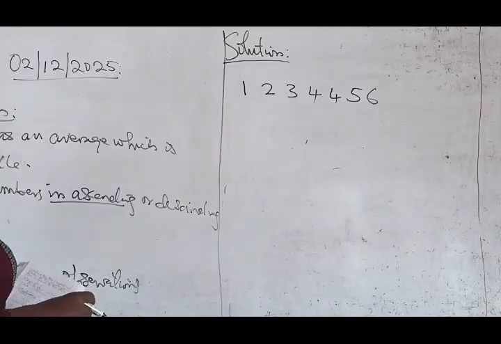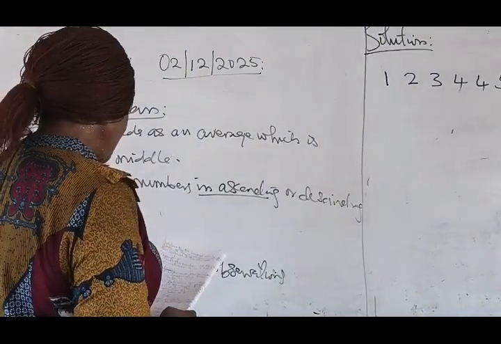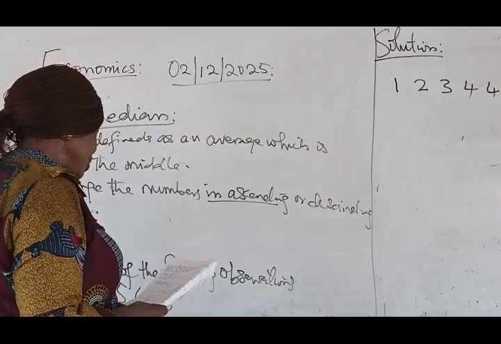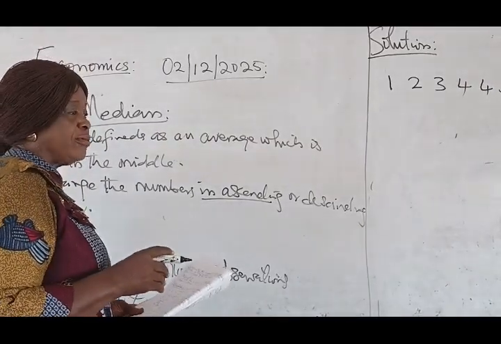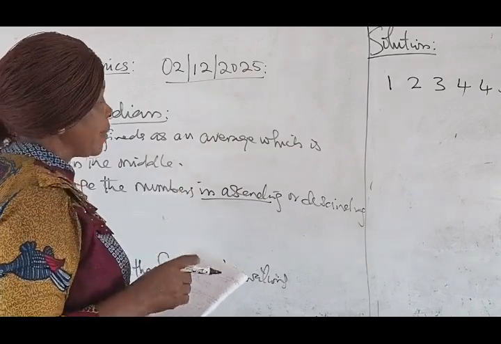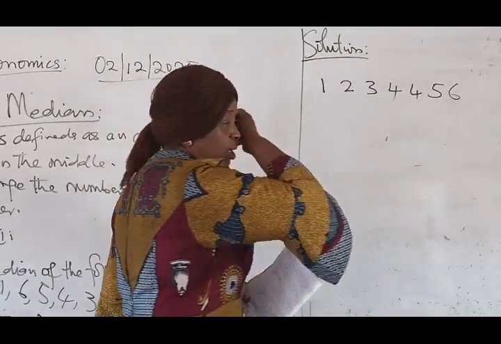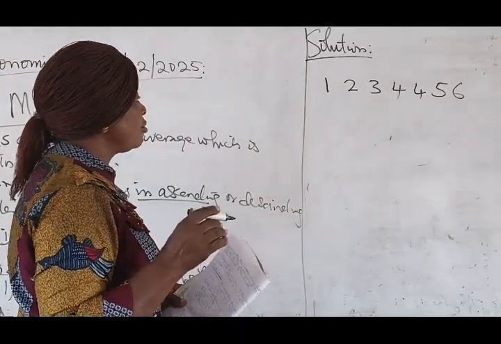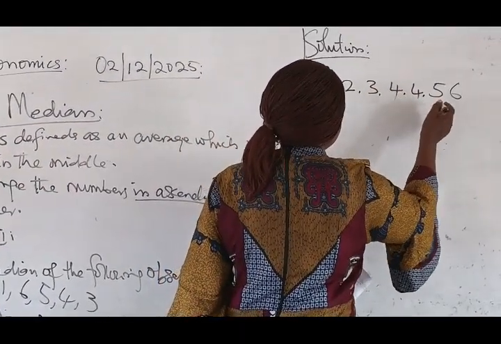Now, when you arrange in ascending order of magnitude, you determine your n, the number of observations. You count 1, 2, 3, 4, 5, 6, 7. 7 is an odd number.